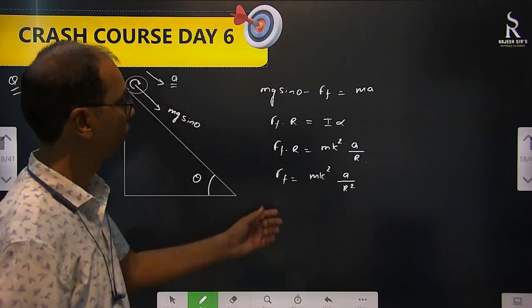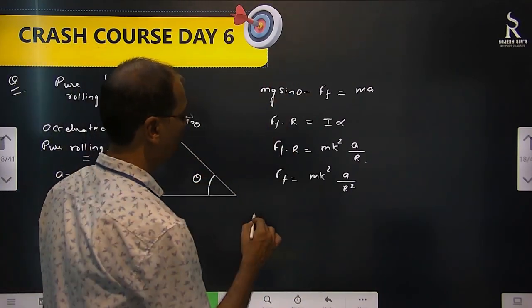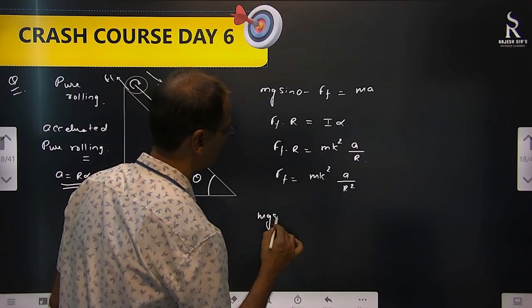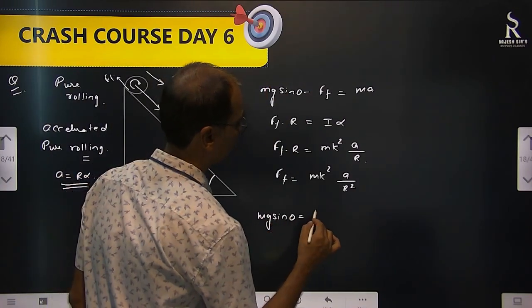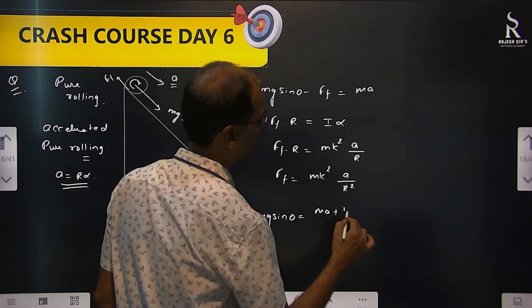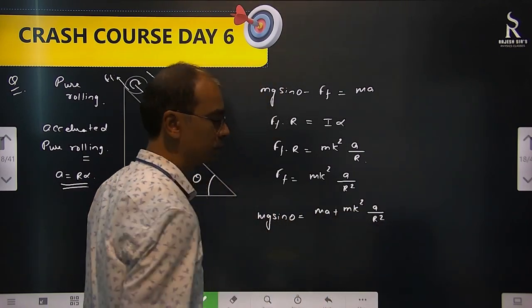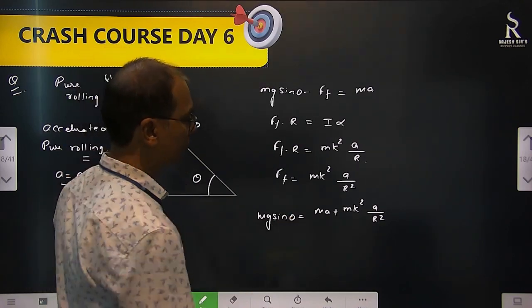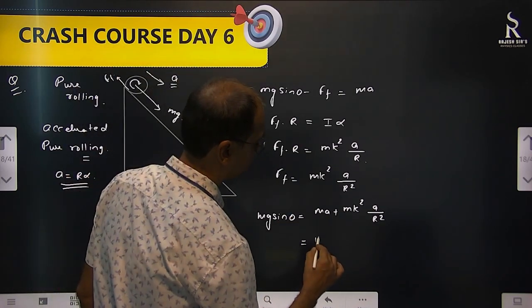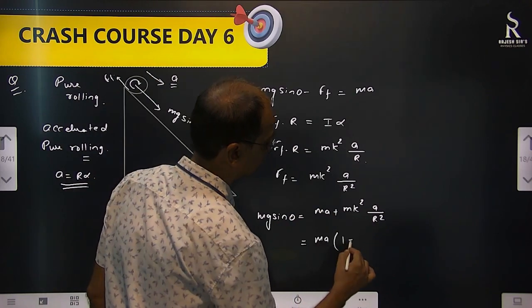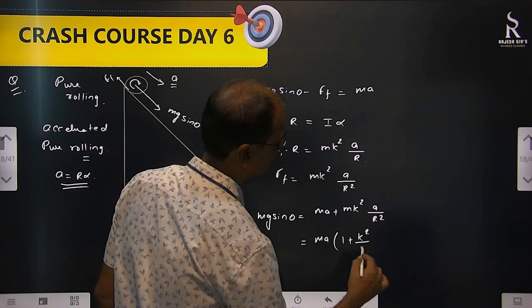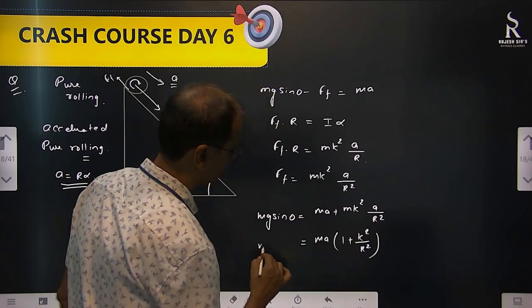Correct? Now this force of friction I am going to put over here. So mg sine theta equal to ma plus mk square A by R square. Take ma common. 1 plus k square by R square. And this is mg sine theta.